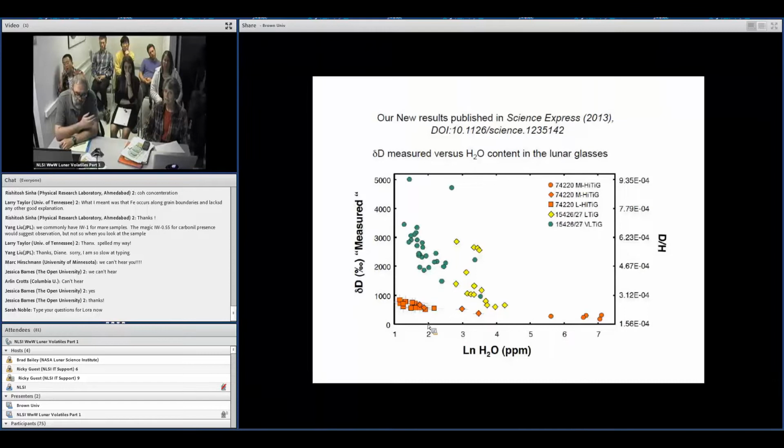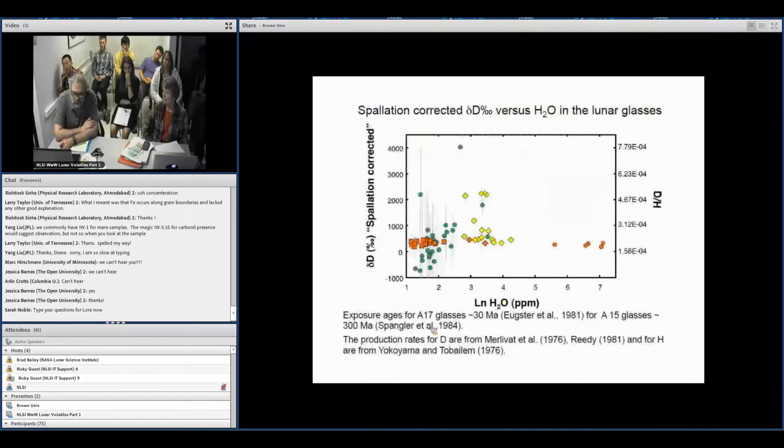The yellow colors are yellow-brown Apollo 15 glasses, and the orange colors are the Apollo 17 high titanium glasses. The different symbols, for the orange glasses, are as follows: you will see glasses which are squares, the diamonds represent matrix glass that surrounds the olivines, and the circles represent the composition of the melt inclusions.